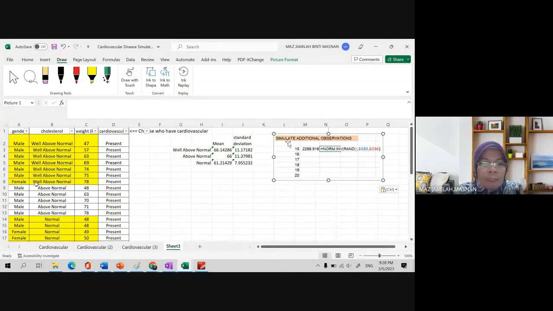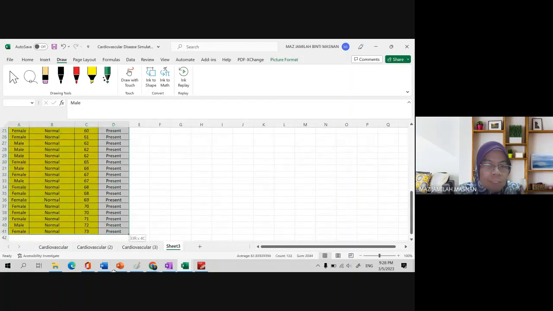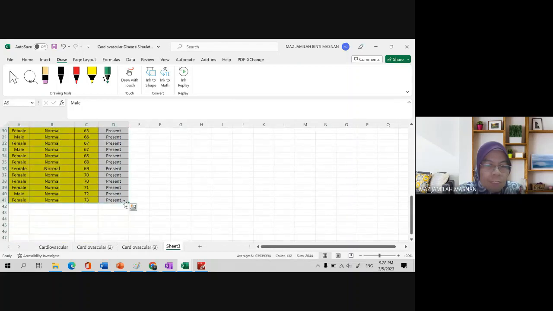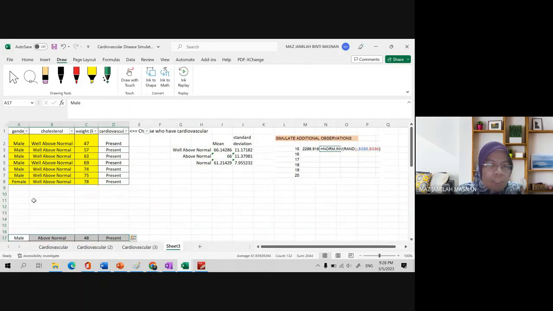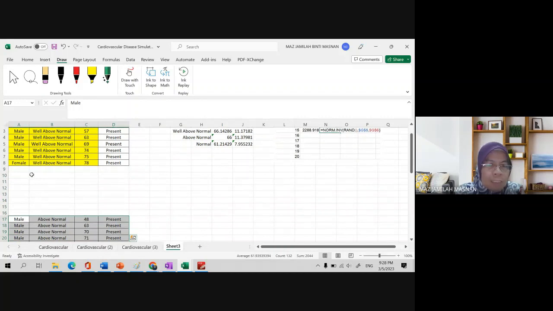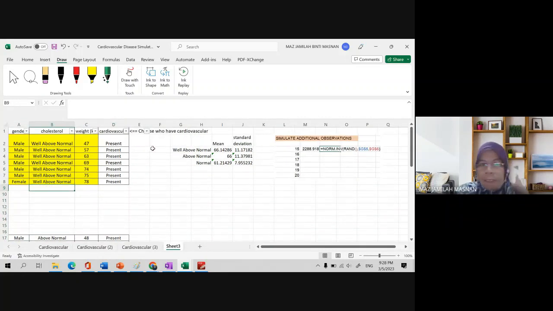Now, let's say I wanted to add the data. So I bring down some of the data that we have got so that I can make sure that my data will be put accordingly. Let's say I just choose until here. Now I wanted to simulate additional data for this group.